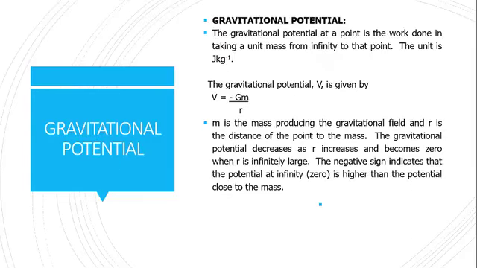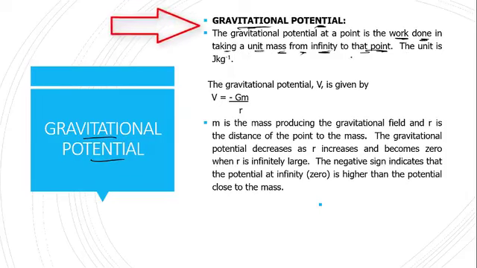Now at this point, let's talk about gravitational potential. Gravitational potential at a point simply refers to the work that is done in taking a unit mass from infinity to that point. The SI unit of gravitational potential is joule per kilogram, which means it is given by energy over the mass.